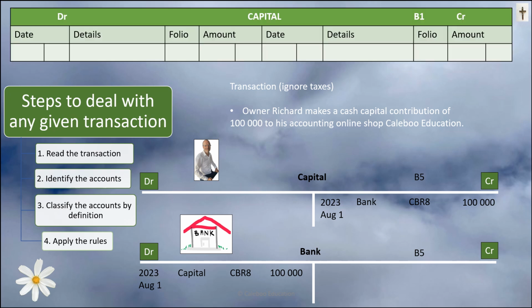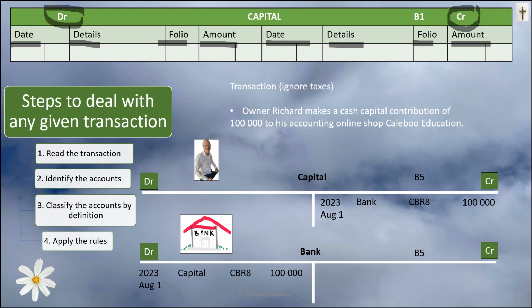Just to refresh, I've put in here a general ledger account to point out there are column headings in the general ledger for date, details, folio, amount, and that's on the debit side. Then the same on the right hand side, the credit side, columns for date, details, folio, amount.